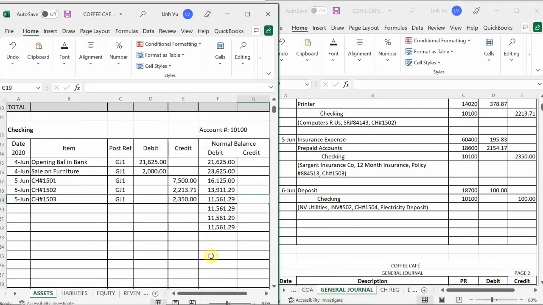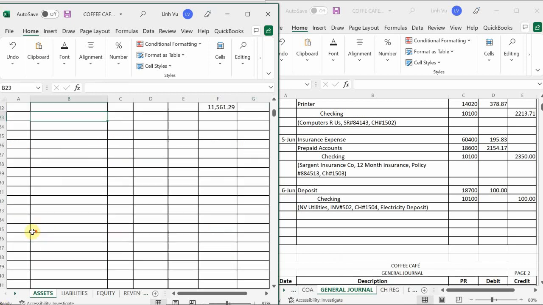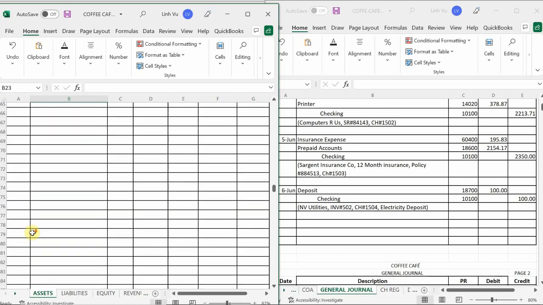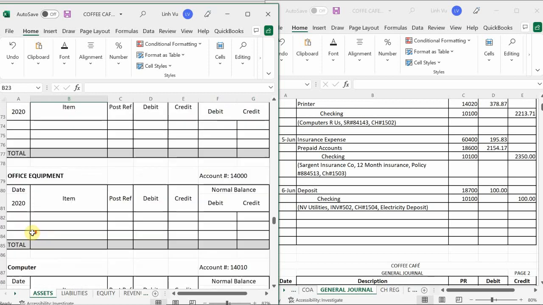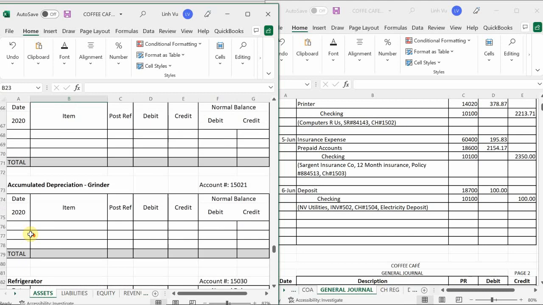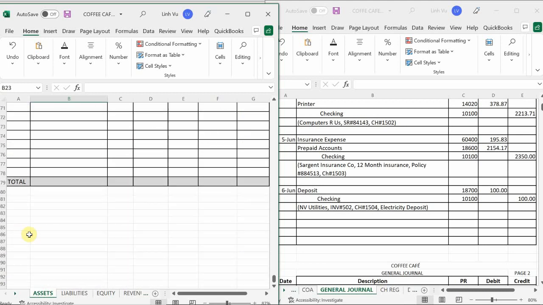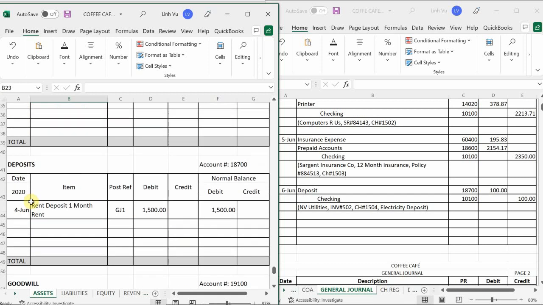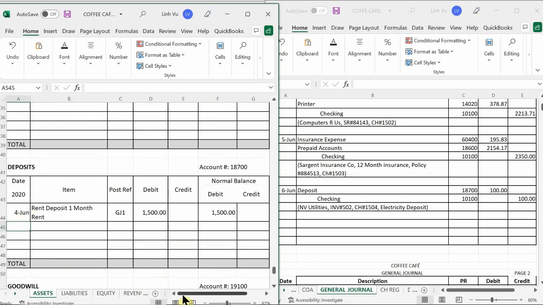I'm going to do it in the exact order like I mentioned so I don't mix up whether I paid or not. So first things first, you're going to locate your deposits. Okay, here's my deposit right here. So I have a rent deposit right here.